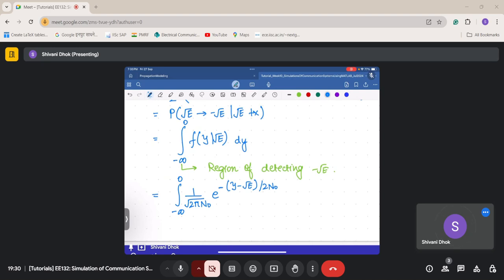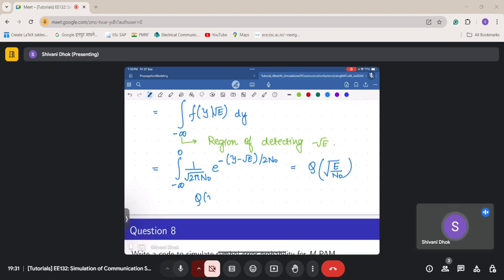And this comes out to be equal to Q of root of e by n naught, where Q of x is equal to 1 over root 2 pi, integral from minus infinity to x of e power minus t square by 2 dt. Okay, so this is the probability of error that we have obtained.